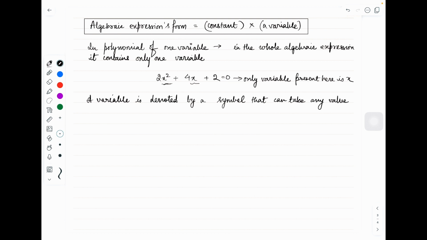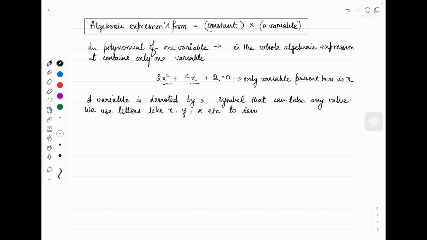See, in earlier classes you might have written, let's say x equals to something. So you want this variable to take any value. Constant will never take any value. It has a fixed value. But this variable can take any value. We use letters like x, y, z, etc.